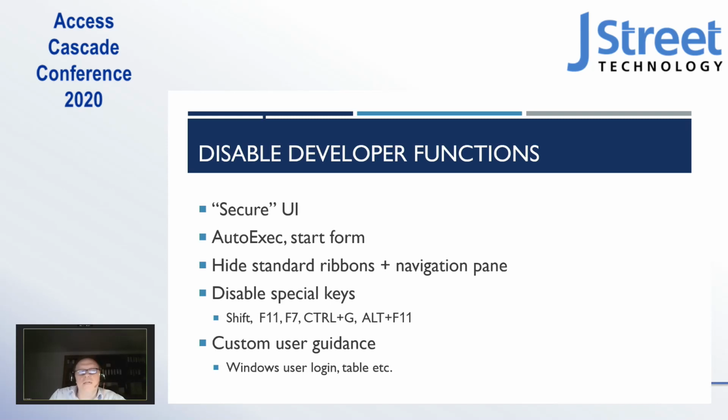You will disable the special keys like Shift, F11, and the keys for the VBA editor. And many of us also build some custom user guidance. That means we read the Windows user login, put it in a table, and read the permissions of the users from there. So they can see this form and not that, and they can have this data and not that. That's the usual basis we use.